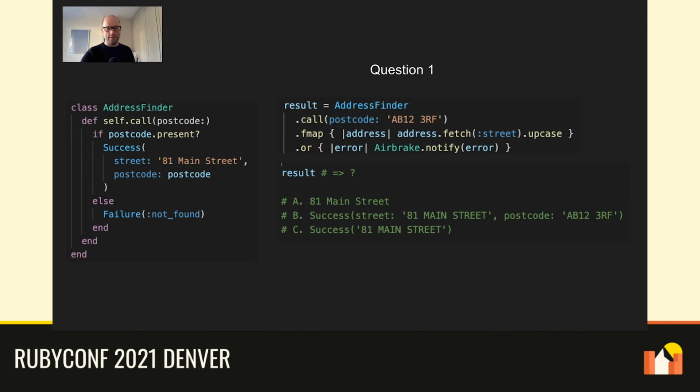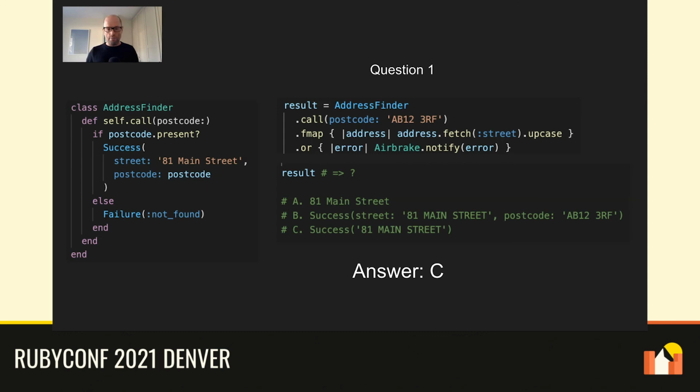Okay, the answer is C. Why is that? Well, we're passing in a postcode that is not nil and not blank, so it returns a success. So at the fmap, we're going to be passing in a success. Fmap loves successes and wants to operate on them.